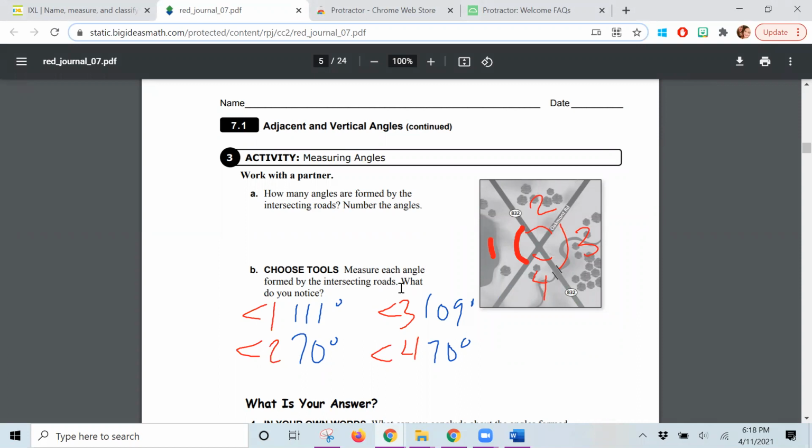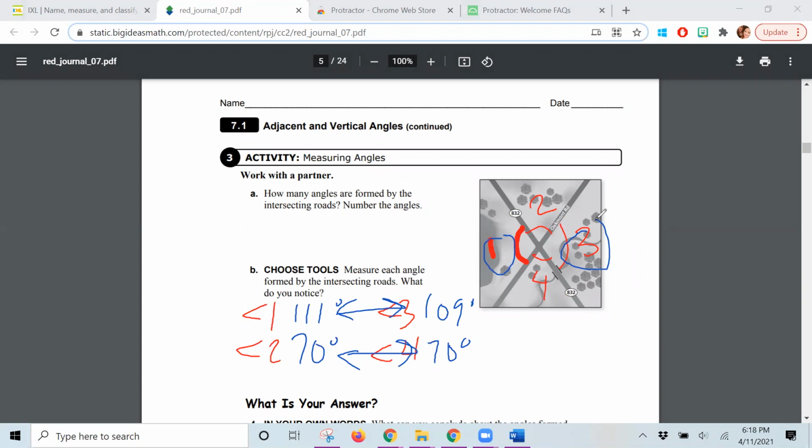And so our question is, what do you notice about these angles? Hopefully you're noticing that the angles that are across from each other, so angle 1 and angle 3, have about the same measurement. And angles 2 and 4, which are across from each other, have what we found is exactly the same measurement.